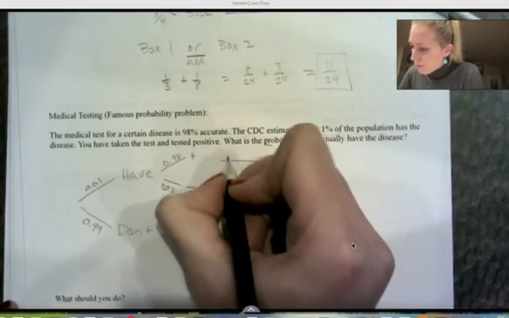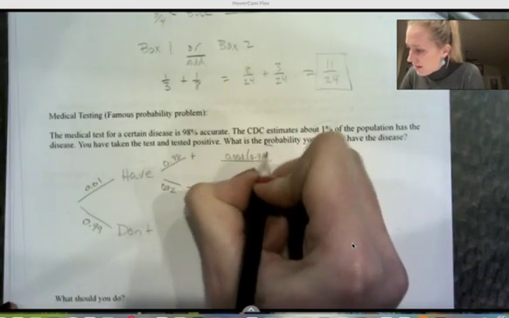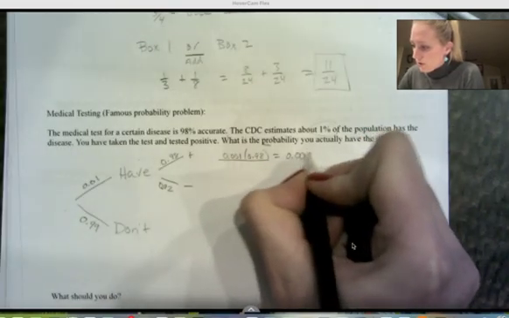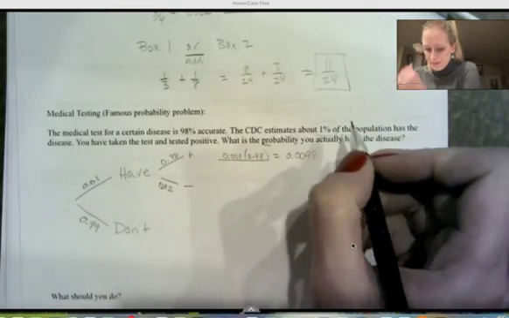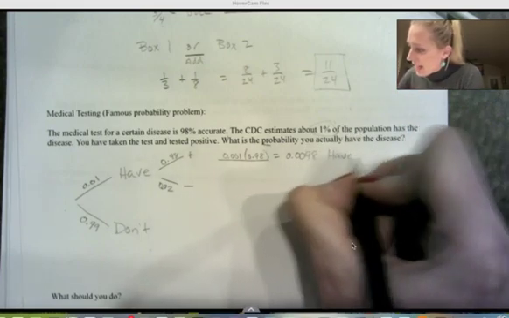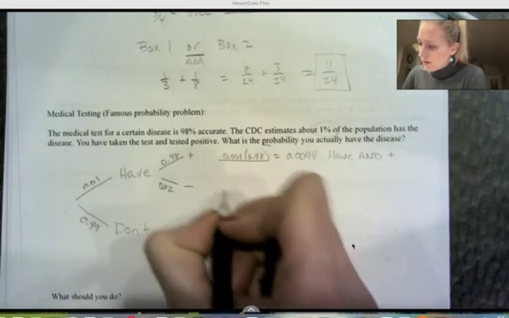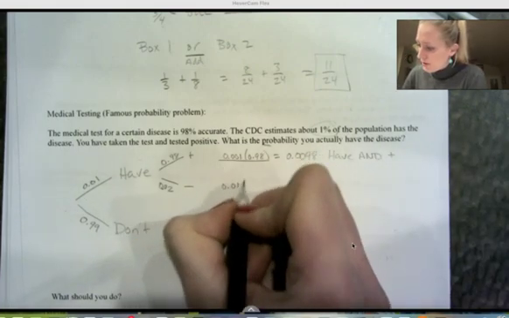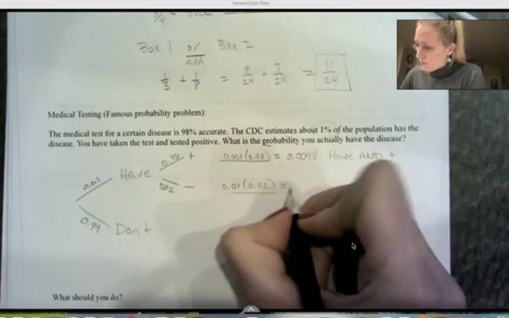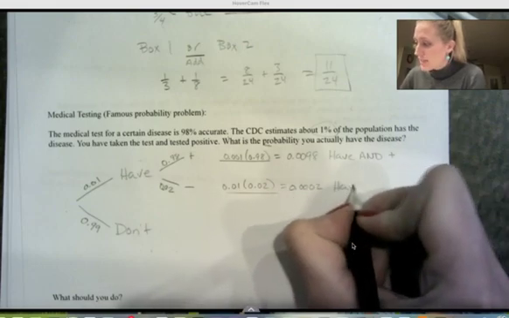So I have 0.01 times 0.98, which is 0.0098. So this is, you have it and test positive. This one, 0.01 times 0.02, is 0.0002. So this is you have it but tested negative.